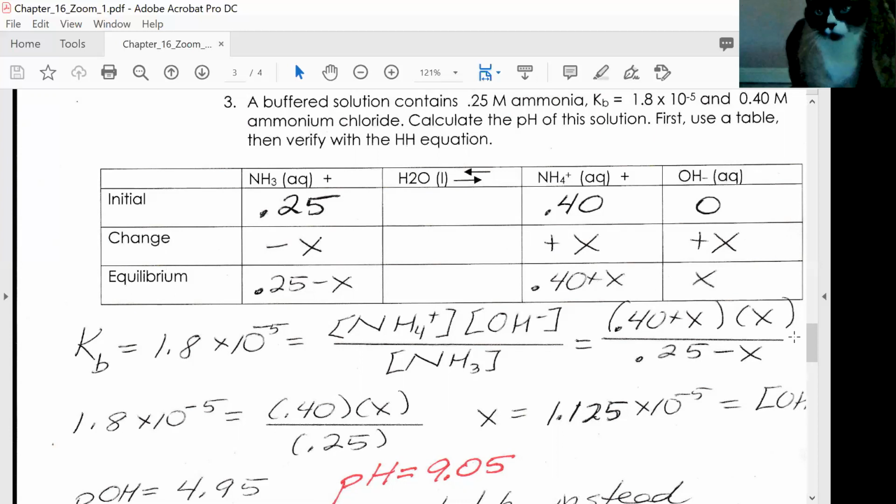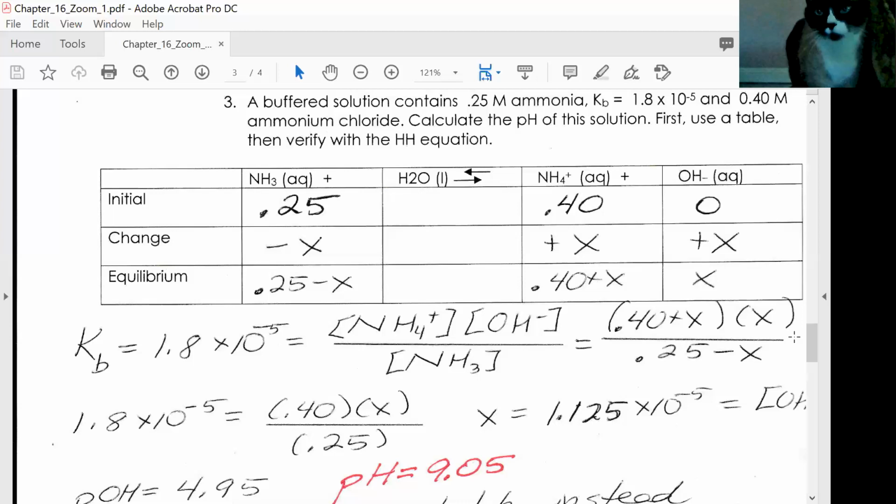Our change is minus x, plus x, plus x. Our equilibrium is 0.25 minus x for our ammonia, 0.40 plus x for ammonium ion, and x for hydroxide.